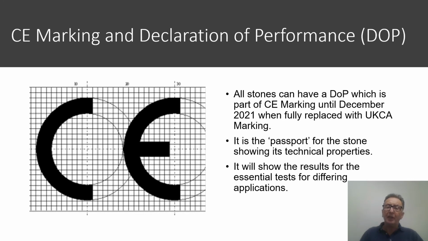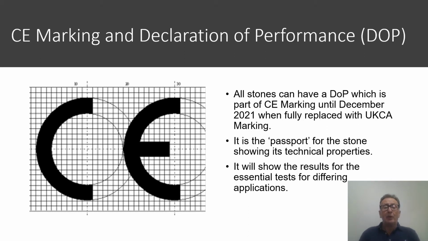Since 2013, it's been a legal requirement for most stones used in the majority of applications to have CE marking documentation provided with them. CE marking will remain in place until December 2021, when it will become fully replaced by UK CA marking.